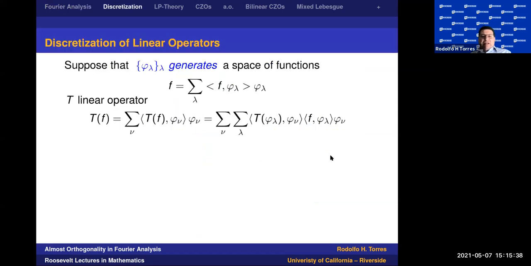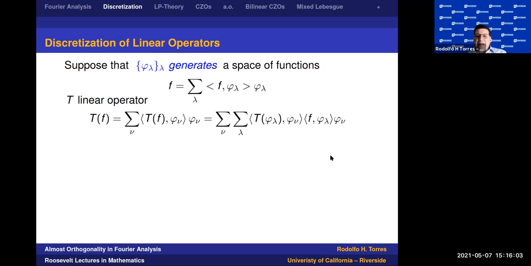Okay, so changing for a little while the topic. This is not really an aspect of Fourier analysis, but it's more general. So we want to look at discrete representations of functions and operators that we'll be looking at. And so think for simplicity, although it doesn't have to be a Hilbert space, think of a Hilbert space and an orthonormal basis for that Hilbert space.